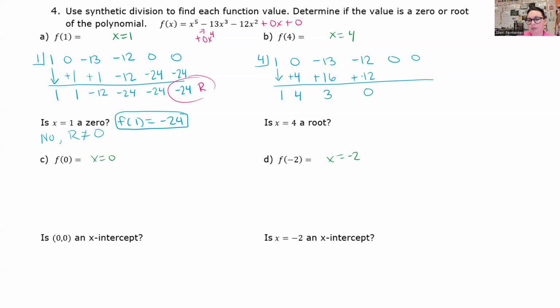Anything times 0 is 0. 0 plus 0 is 0. Anything times 0 is 0. 0 plus 0 is 0.